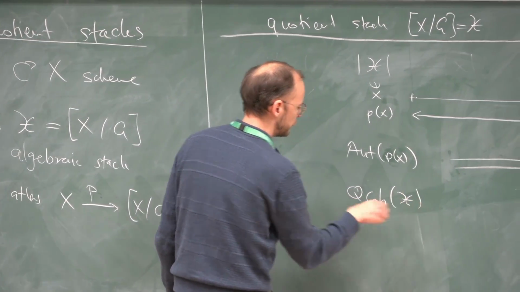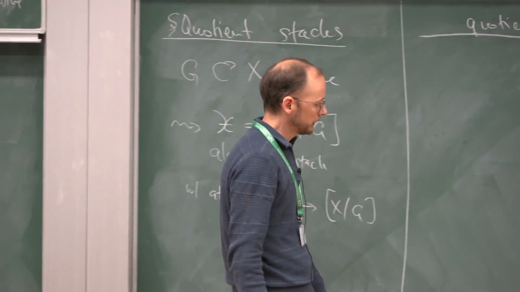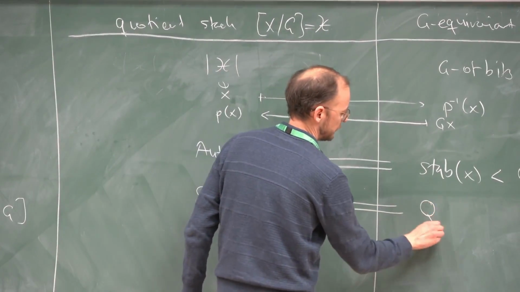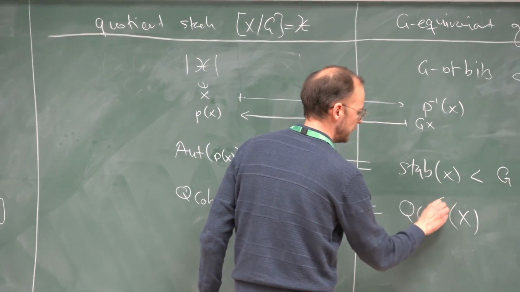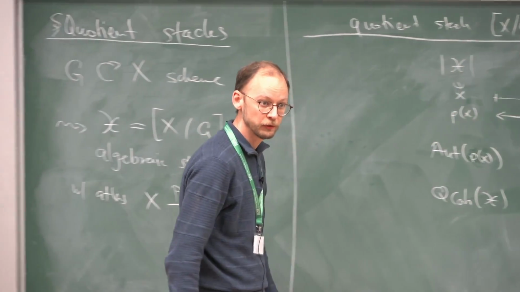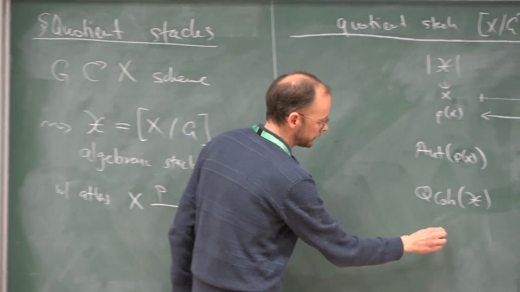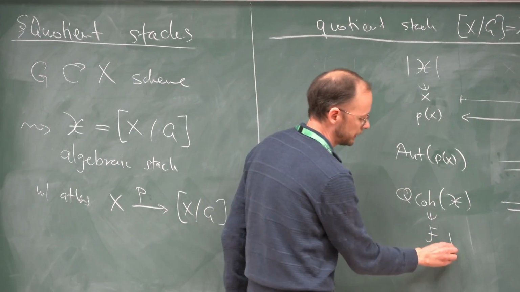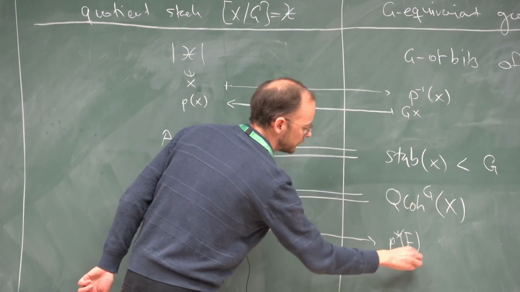And then a coherent sheaf on the stack, or a quasi-coherent sheaf on the stack, is going to be the same thing as a coherent or quasi-coherent sheaf on X, together with a G linearization. You can see how these are related by simply pulling back your sheaf.